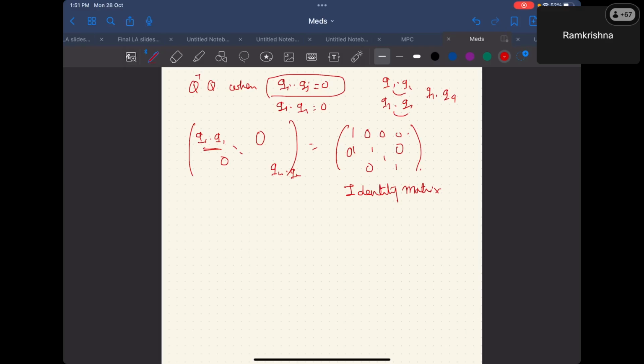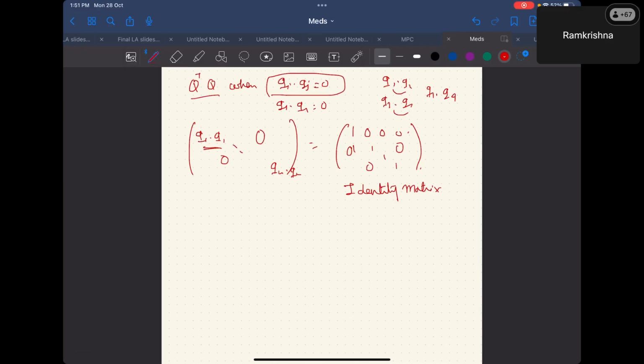Okay, now this is nice. Now when Q transpose Q becomes the identity, what is the inverse of Q?